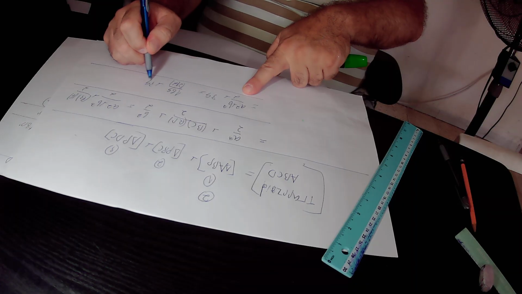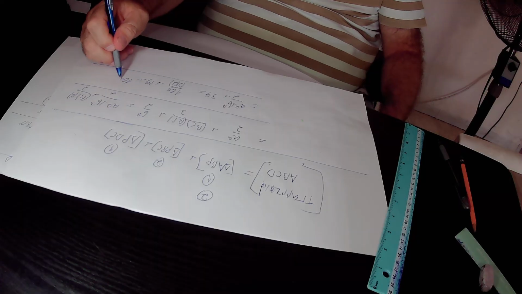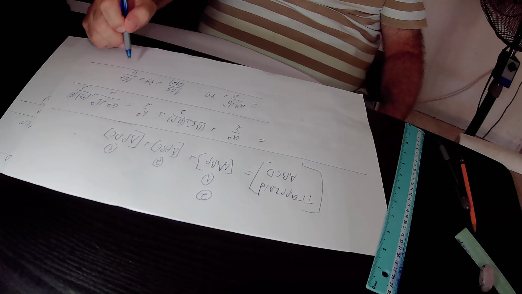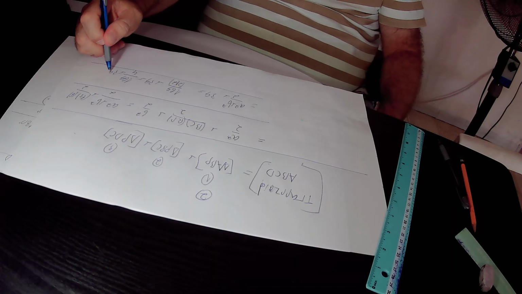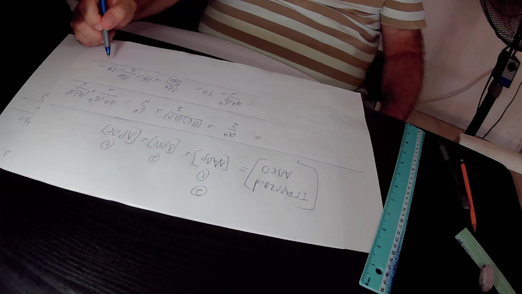Plus 39. So in total the area of trapezoid ABCD equals 169 over 2 times 2. 2 times 2 is 4, plus 39. So the area of trapezoid ABCD in total is equal to 169 over 4 plus 39.